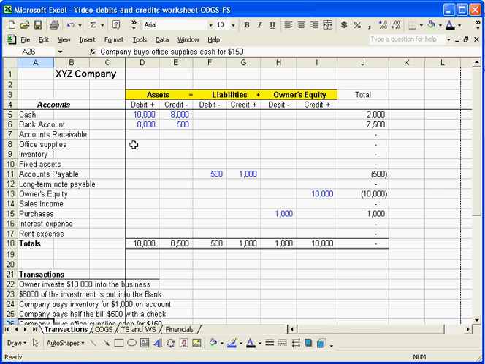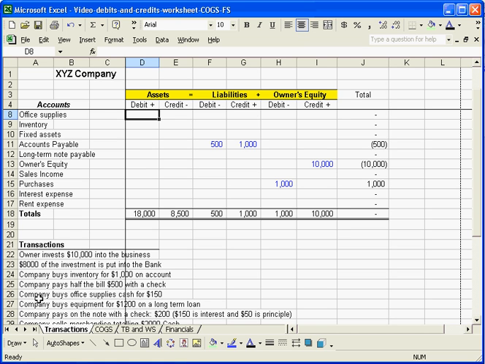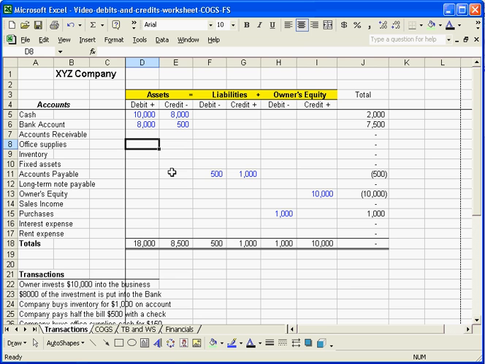So the company buys office supplies for $150 cash. And I've mentioned this before in the lesson. There are two ways to account for office supplies. Either we put the whole purchase into an expense account, and then at the end we find out the ending balance, and then we adjust so that we know what the asset is.